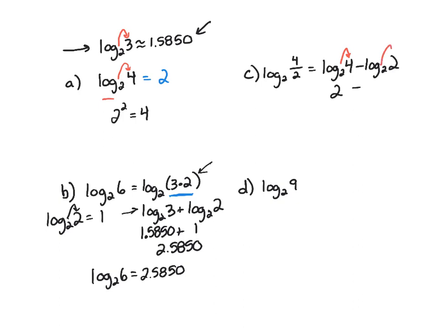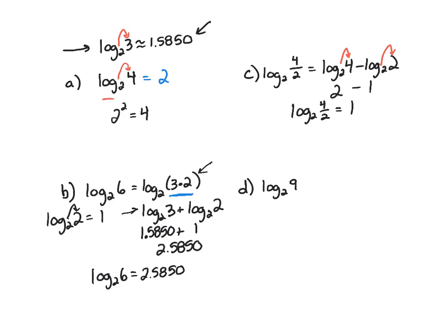Minus log base 2 of 2. 2 to what power gives me 2? Well, I know 2 to the first gives me 2. 2 minus 1 is 1. So log base 2 of 4 divided by 2 is equal to 1. You could have also just taken 4 divided by 2 and got 2, and log base 2 of 2 is equal to 1.